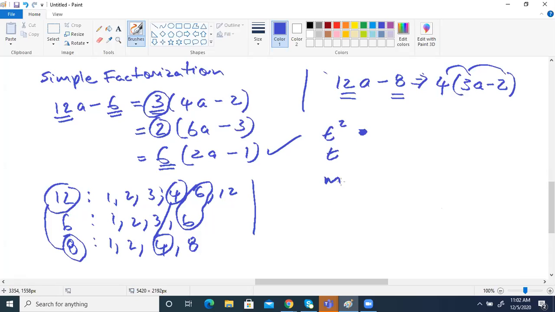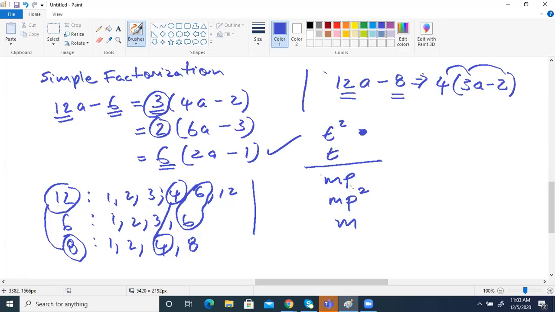Say you have m, mp squared, and mp. Now, you look at these three and say, what is the highest common factor among the three of them?